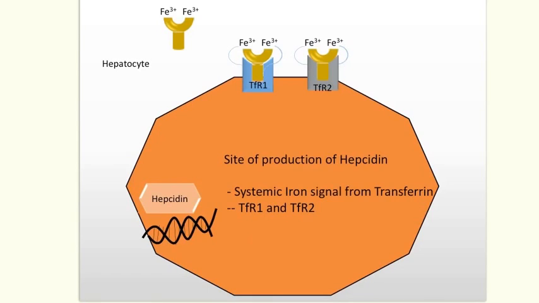So the liver responds to the intracellular iron status via BMP, but the extracellular iron status, if you look out here, we are at 100% transferrin saturation of iron. And would you look at that, we have a transferrin receptor type 1 and a transferrin receptor type 2. Transferrin receptor type 2 is expressed in the hepatocyte.